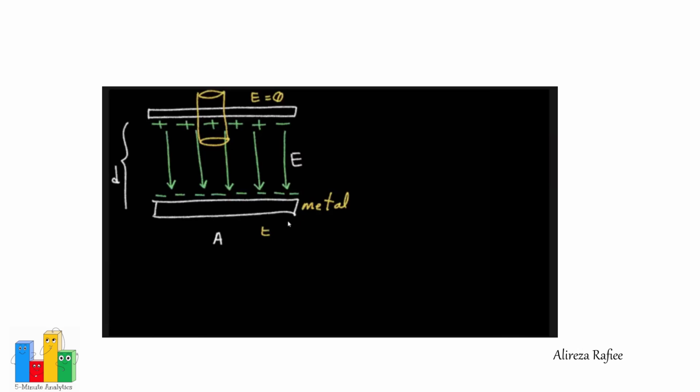So the electric field outside this, sometimes referred to as a capacitor, is technically 0. Inside the metal, also the electric field is 0, so I don't have to worry about it.